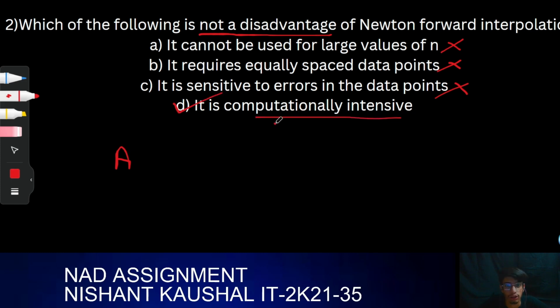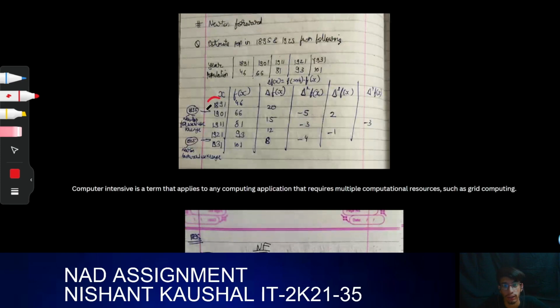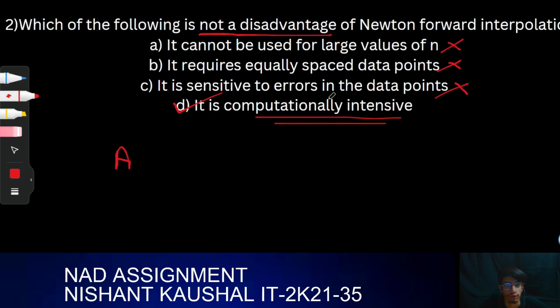To understand the meaning of computationally intensive: it is a term that applies to any computing application that requires multiple computational resources, such as a grid computer, right? It means it requires multiple data so that we could find the correct answer more precisely. So it is an advantage of Newton forward interpolation. So D, right? D is the correct answer.